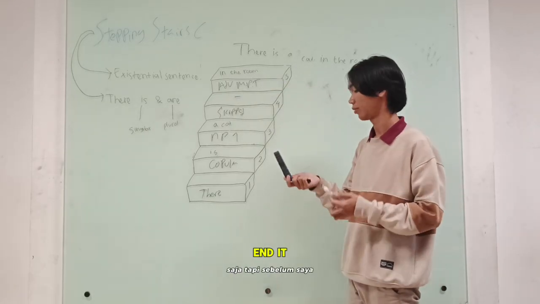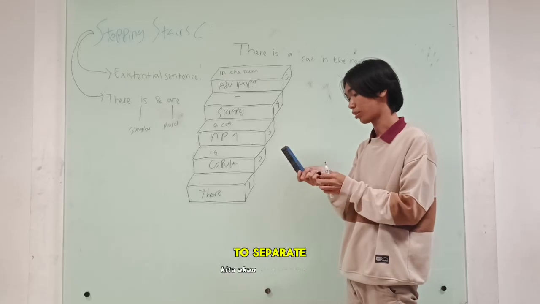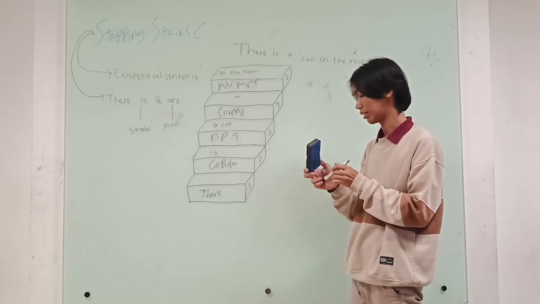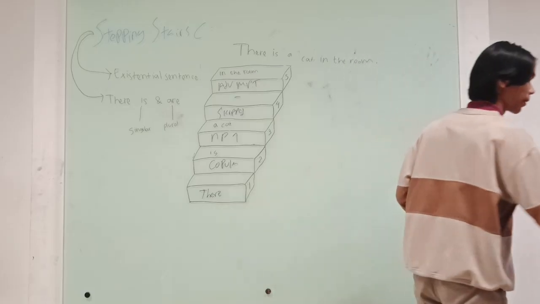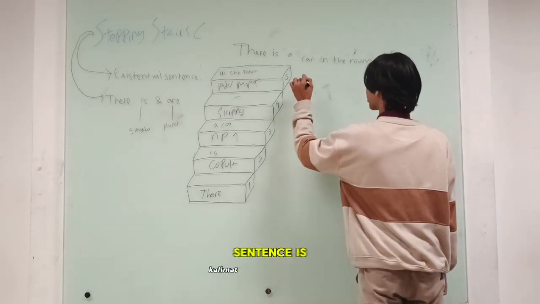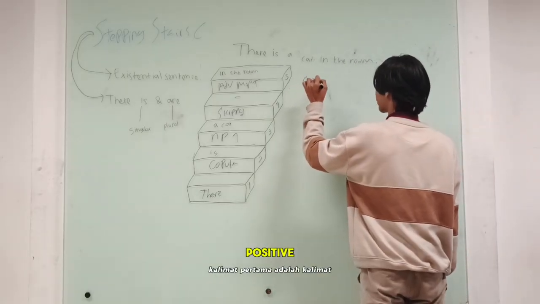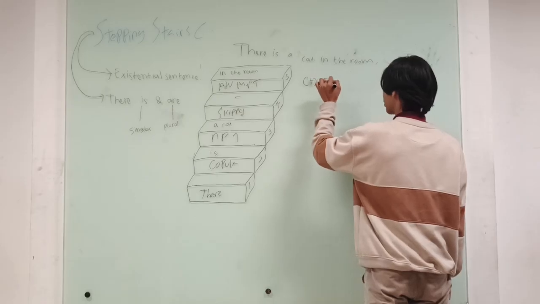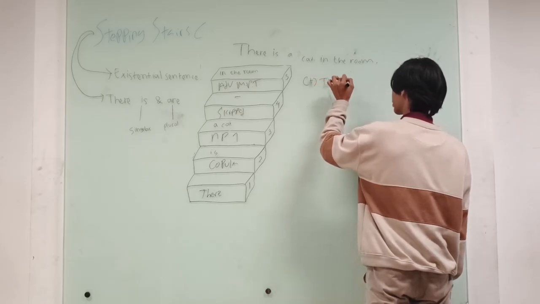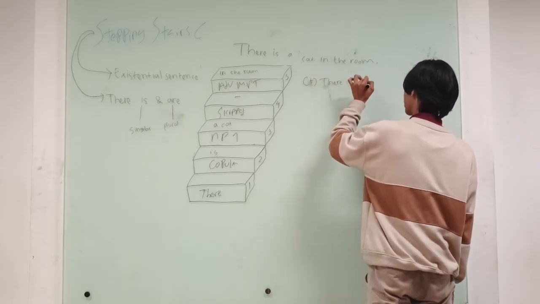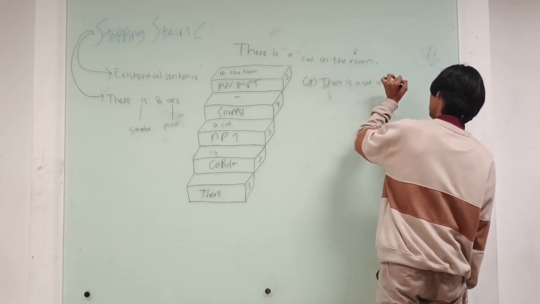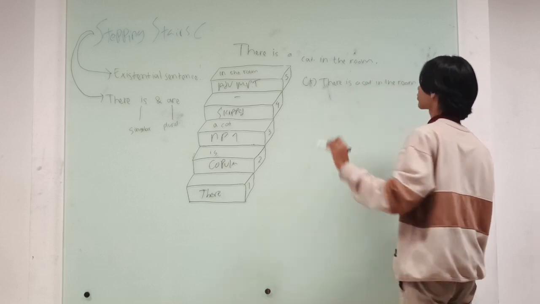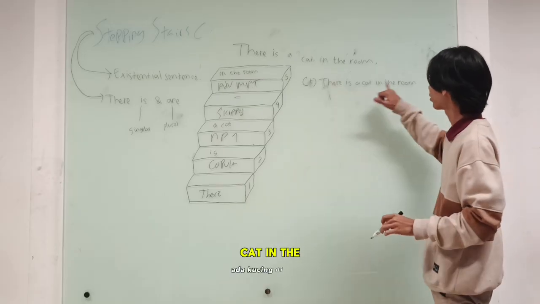But before I end it, we're going to separate this sentence into 5 different sentences. So the first sentence is the positive sentence: there is a cat in the room.